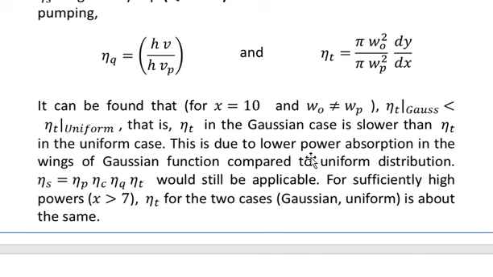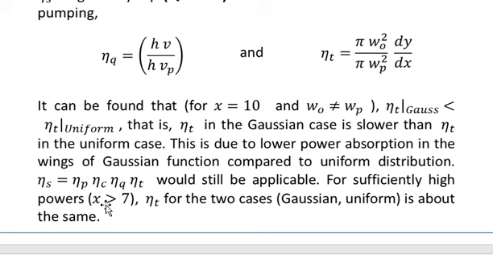This is due to the lower power absorption in the wings of the Gaussian function compared to the uniform distribution. Eta s, which is the slope efficiency, is equal to eta p into eta c into eta q into eta t, and would still be applicable for sufficiently high power when x is greater than 7. Eta t for the two cases, that is for the Gaussian case and for the uniform case, is about the same.